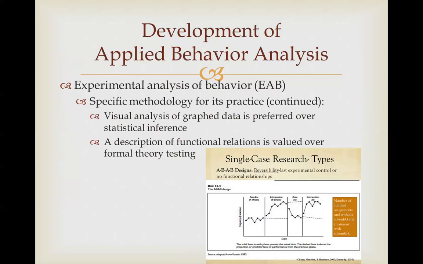During the second A, we withdraw the intervention, and we see the return to near baseline conditions. We introduce the intervention again, and behavior improves again. And it's through this methodology that behaviorists demonstrate experimental control, and that behavior does in fact have a functional relationship to the environmental conditions that are being manipulated to surround that behavior.